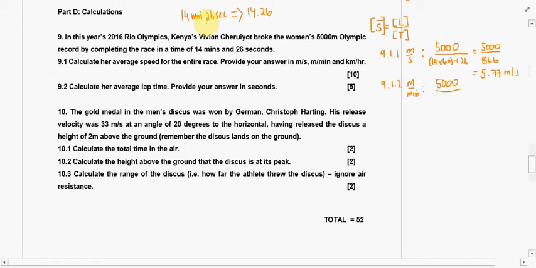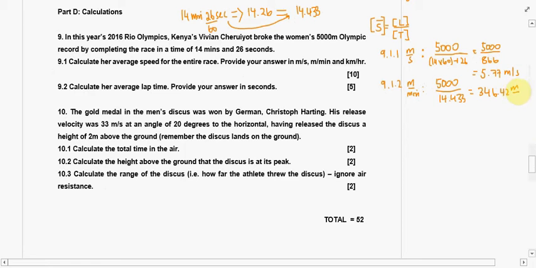You have to take this 26 and divide it by 60 in order to get the decimal places, which then means that this becomes 14.433 minutes. So I should divide 5,000 by 14.433, and I get a value of 346.42.